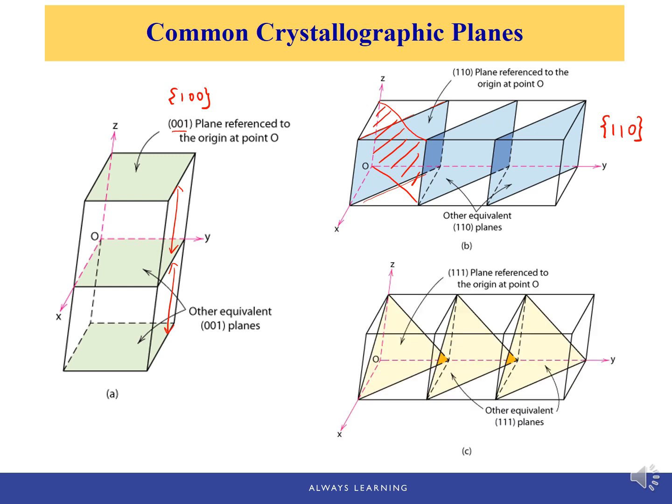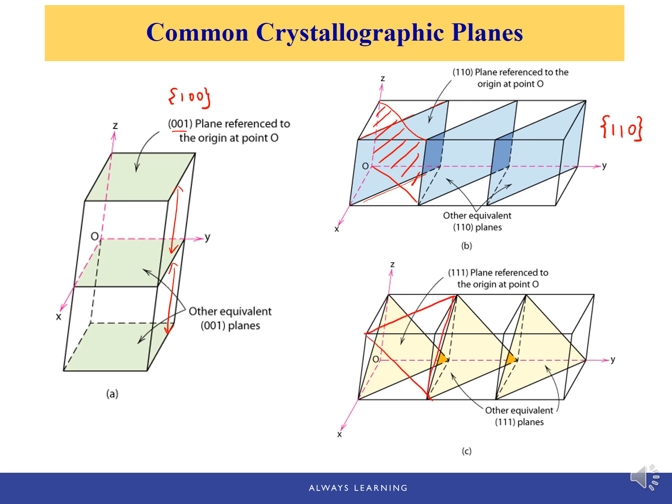Another common one is the body diagonal plane, which is the 1, 1, 1 plane. And we can draw another one, in another direction, like this.